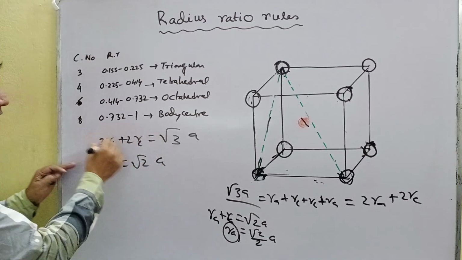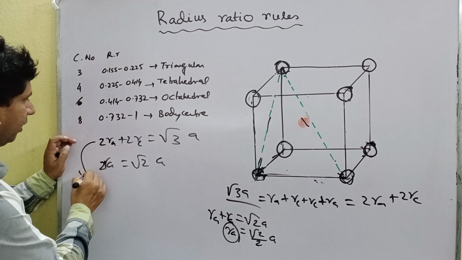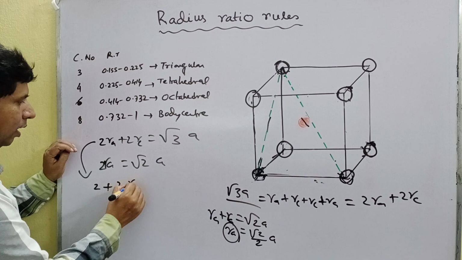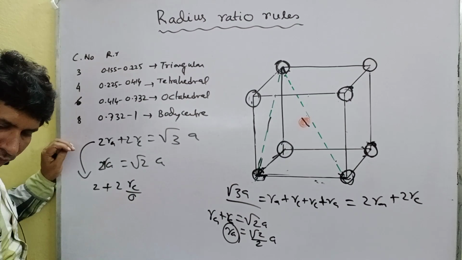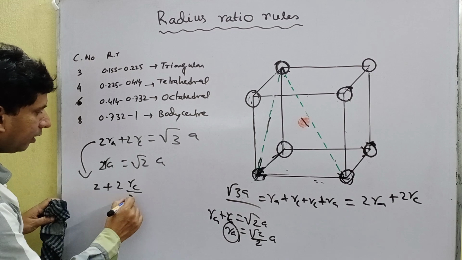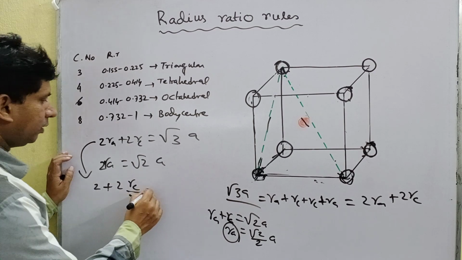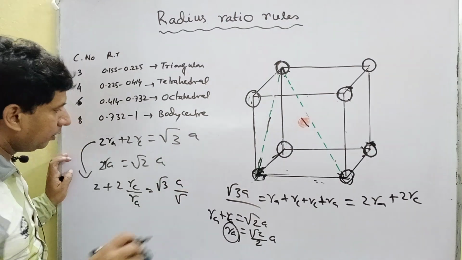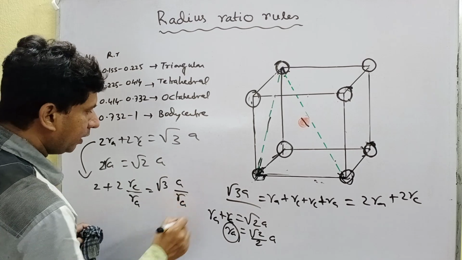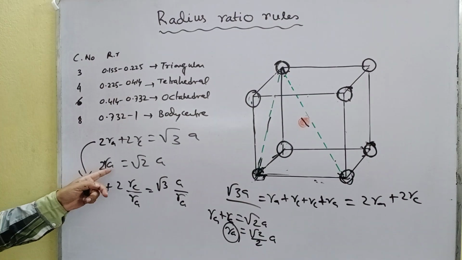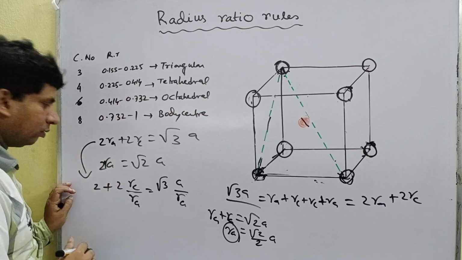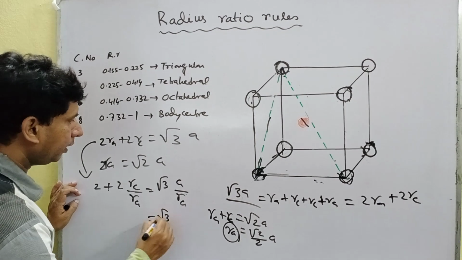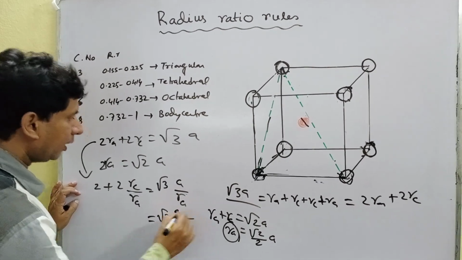Then if we divide both sides by RA, the radius of anion, from here we get 2 plus 2RC by RA equals √3a by RA.